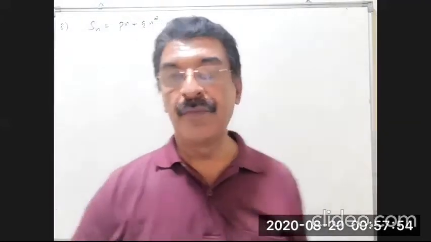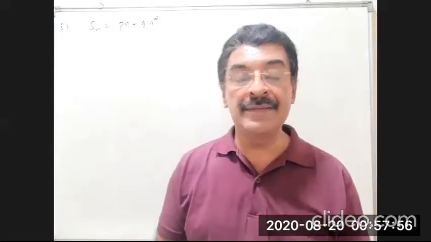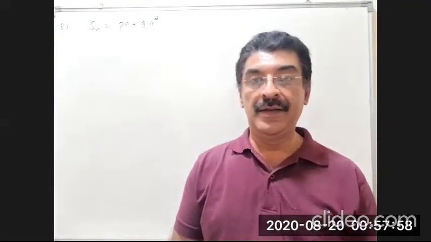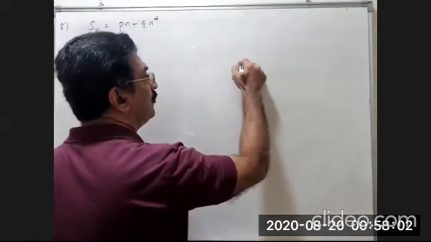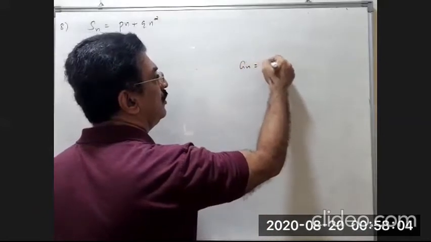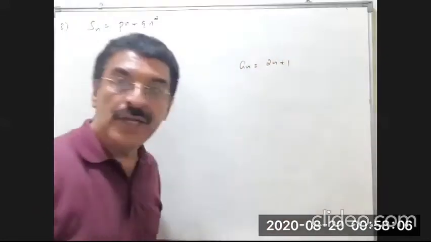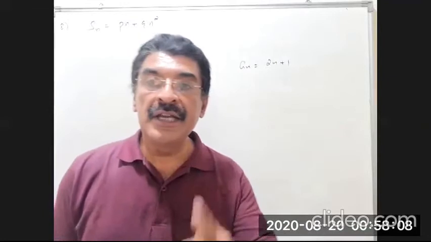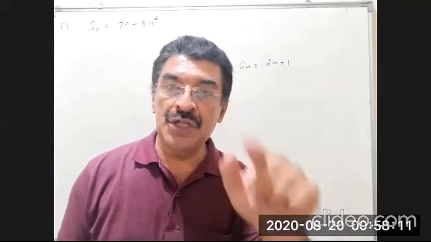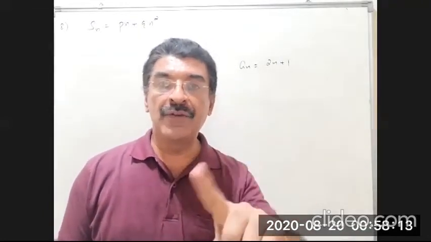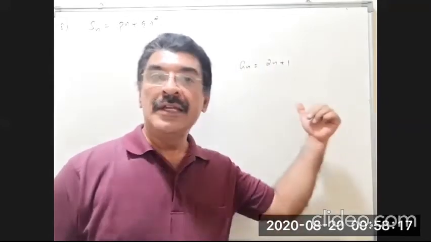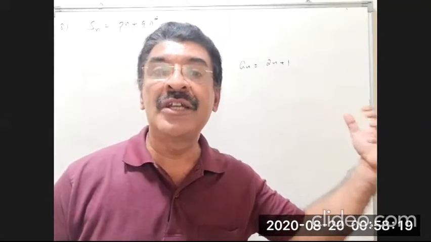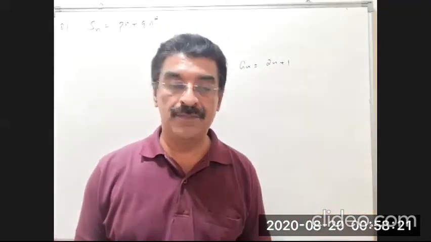Again, see, if an is given, for example, if an is 2n plus 1, replacing n with 1, 2, 3, etc., we can find a1, a2, a3. an stands for the general term, the nth term.